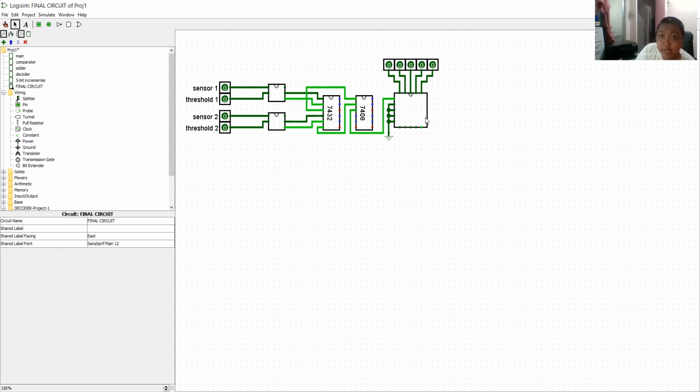And their output, let's label this as the comparator.